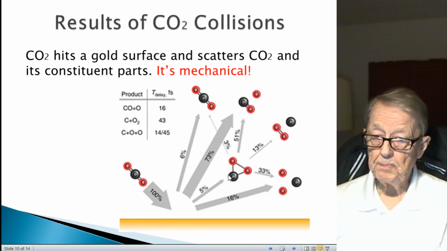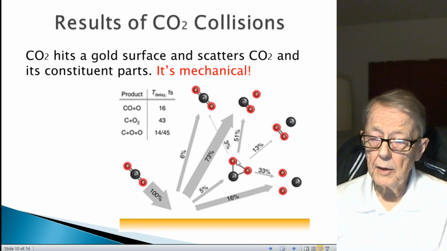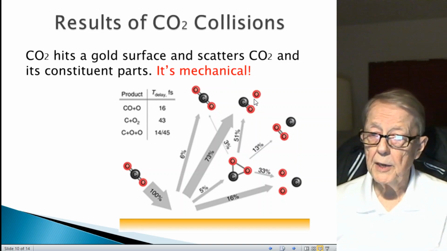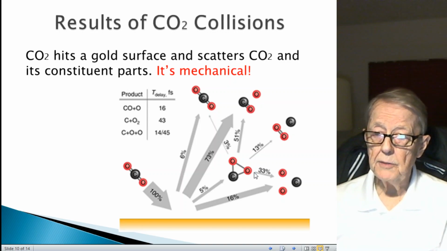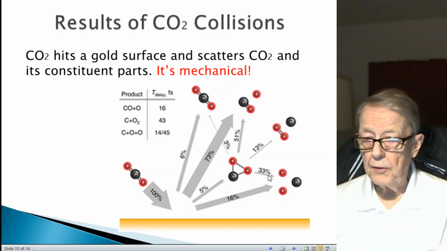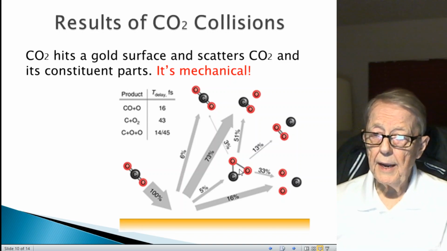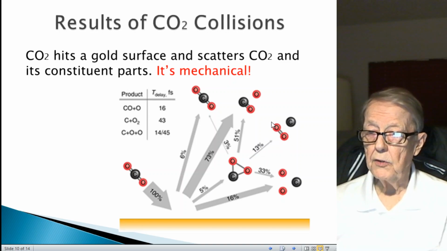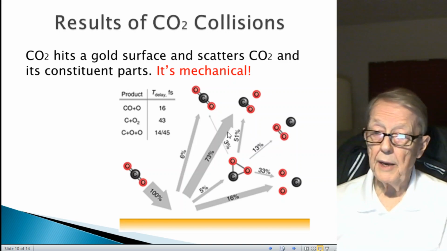They show it, and they not only apparently find a way to know that this happens, but they then show that 51% of these, half of the 5%, turn to carbon monoxide and oxygen. 33% of them totally split apart, and 13% of the 5% actually turn into oxygen and a carbon atom.